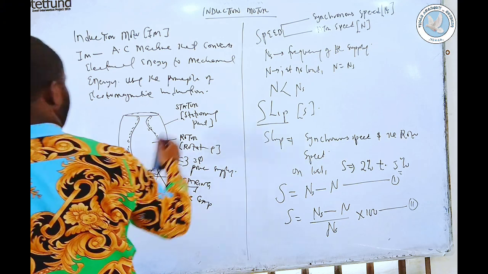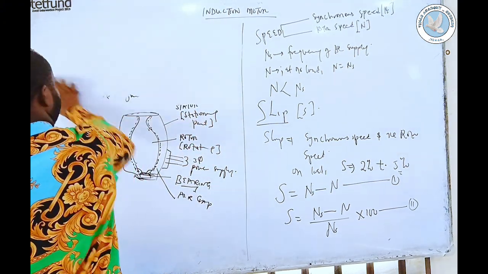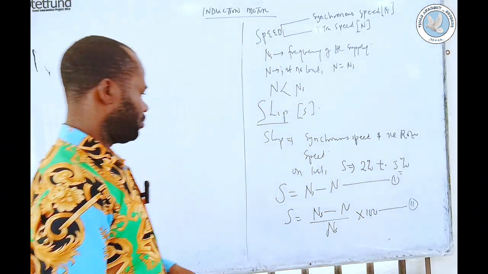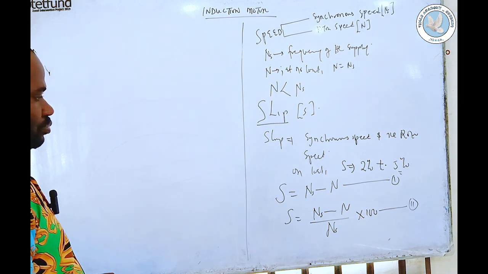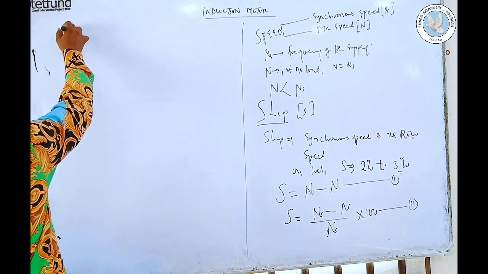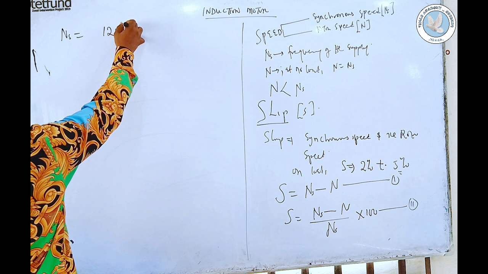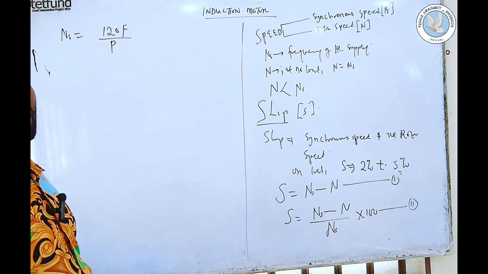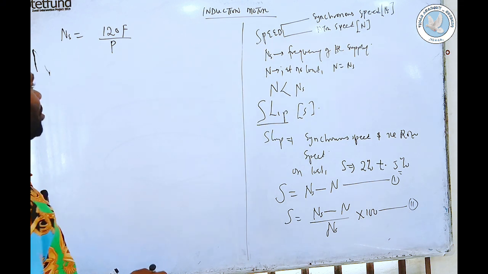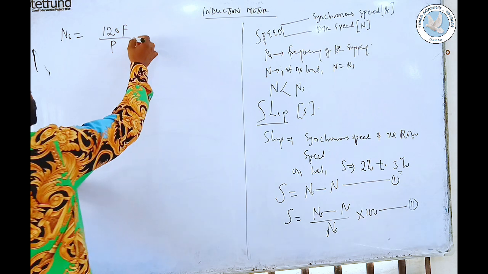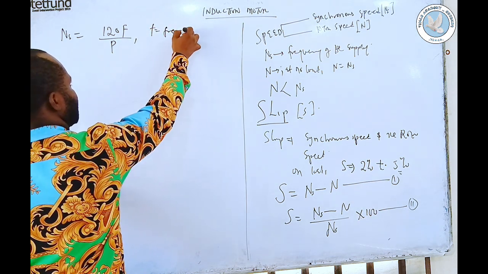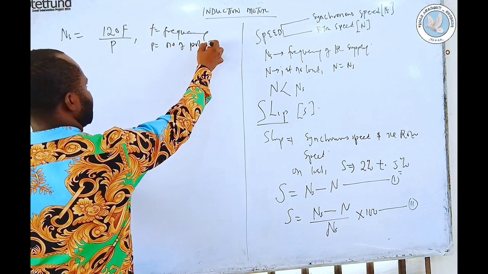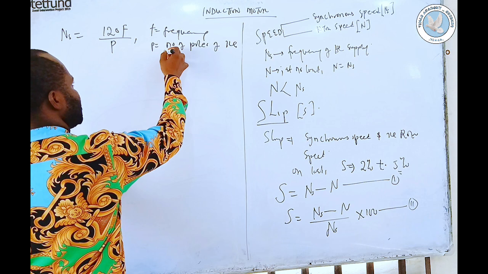So at this point, we want to represent how the slip affects the frequency of the rotor. By doing that, we'll also recall this formula that the speed is always equal to 120 divided by P multiplied by F, where F is the frequency and P is the number of poles of the induction motor.